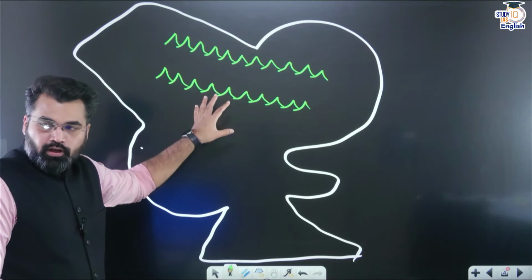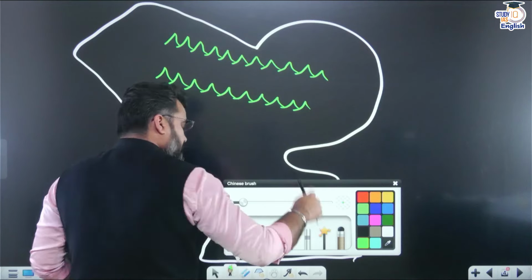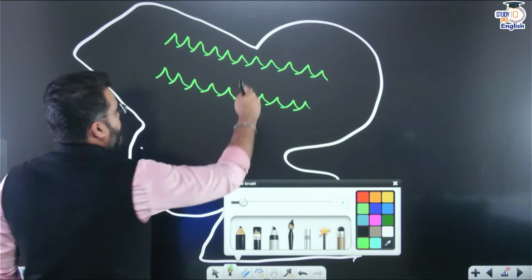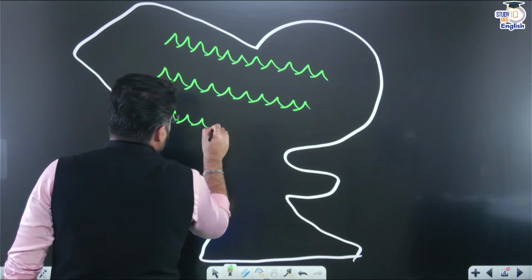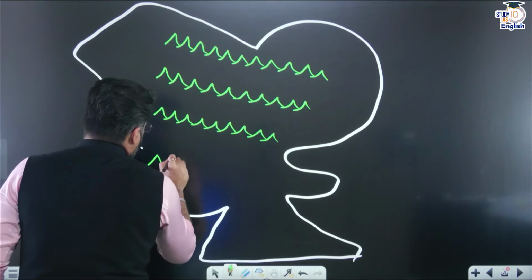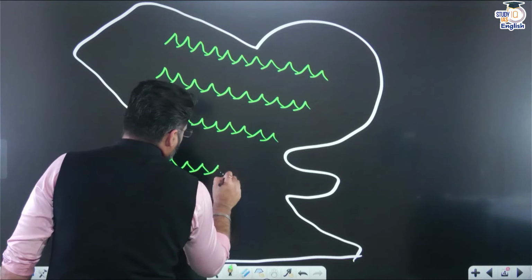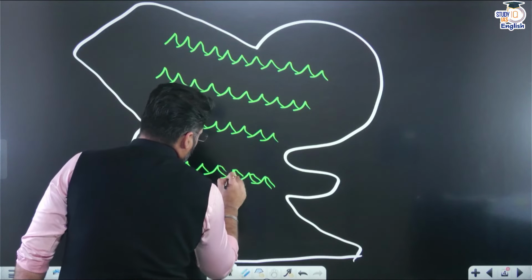Just plot and remember some of the statements which I am going to continuously repeat. This is Karakoram, this side is Ladakh, this side is Zaskar range, and then this is called the Pir Panjal range. So Karakoram, Ladakh, Zaskar, and then after is the Pir Panjal range.